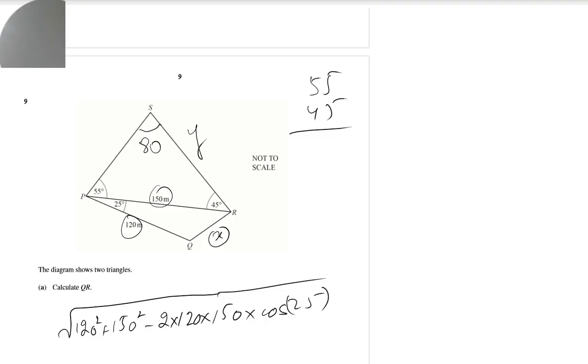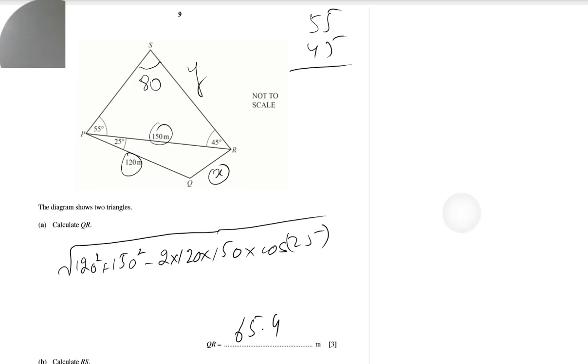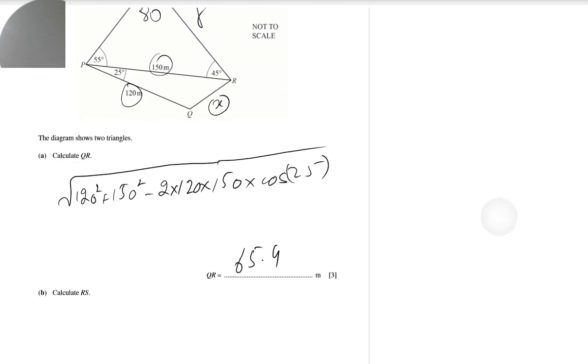So this will definitely be 80. So y, or RS, over sine 55 equal to 150 over sine 80.